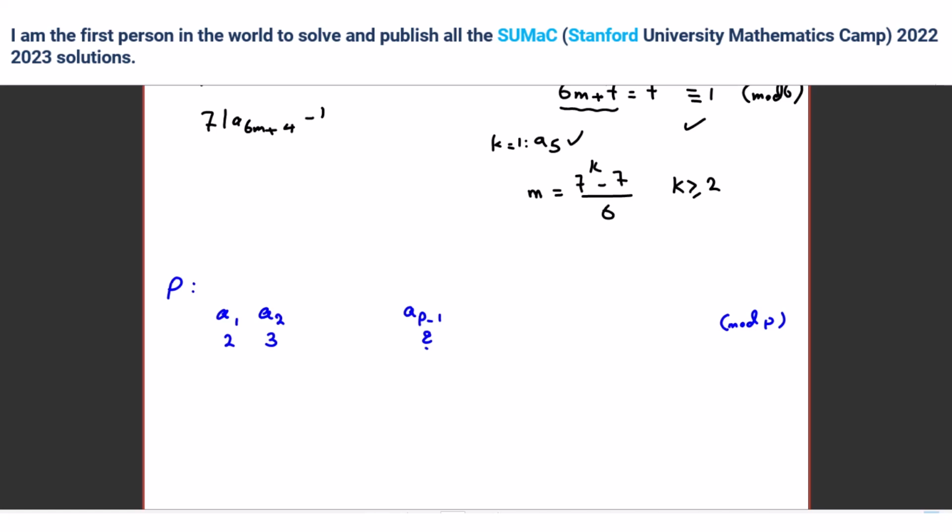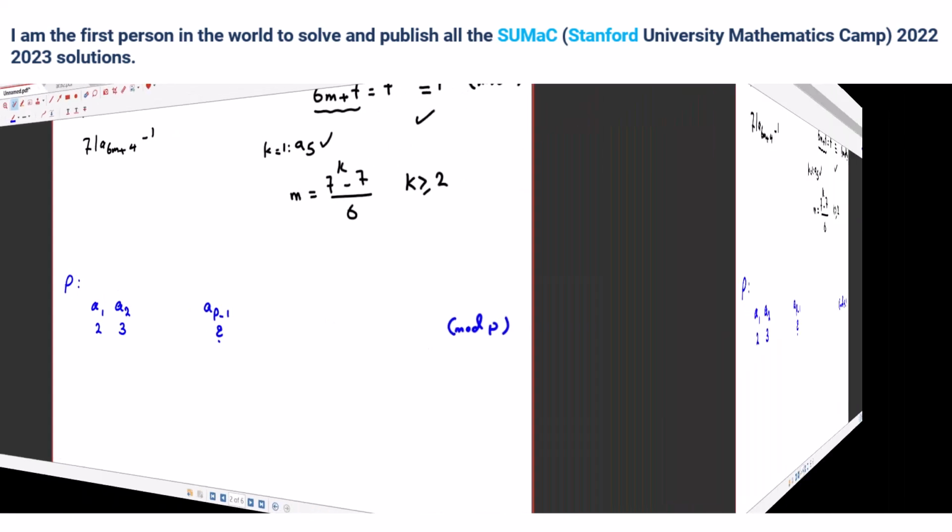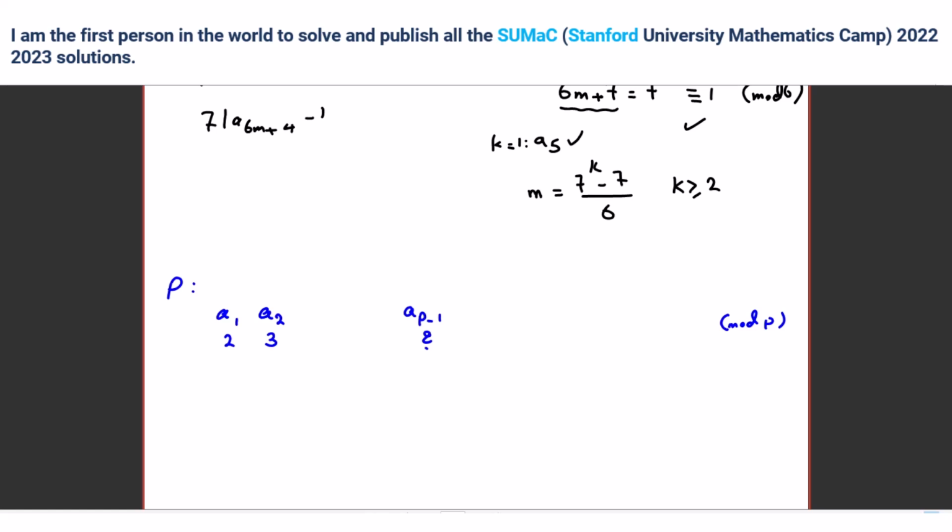Okay. Is it minus 1? Why minus 1? Because, I don't know exactly, it just sounds right. But can you tell me the formula of A p minus 1?